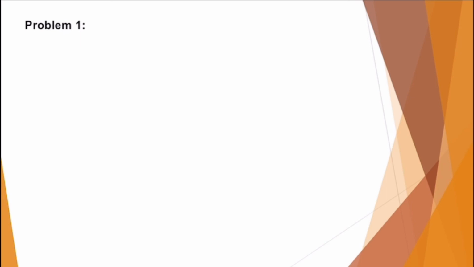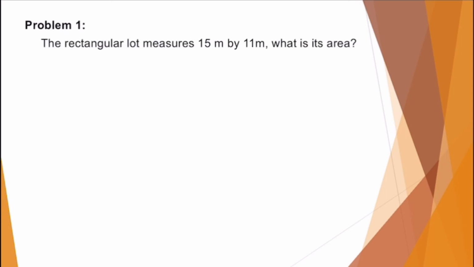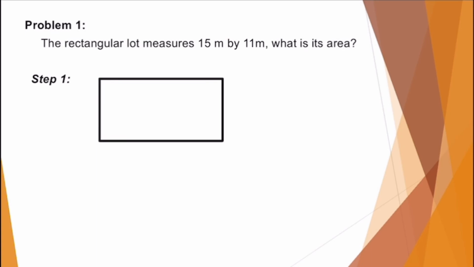For our first problem, a rectangular lot measures 15 meters by 11 meters. What is its area? Let us apply Polya's problem-solving techniques in solving the given problem. Step 1. In the given problem, our goal is to solve for the area of the rectangular lot that measures 15 meters by 11 meters.